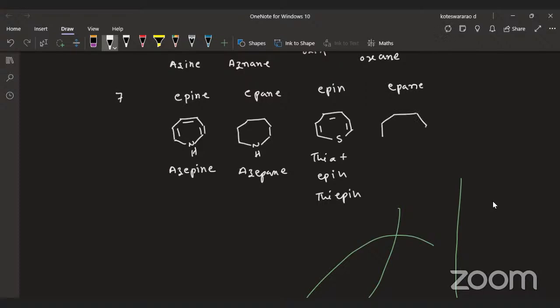Saturated. Now you take the difference I am giving that saturated oxygen, oxepane. Right. This is a 7-member ring.